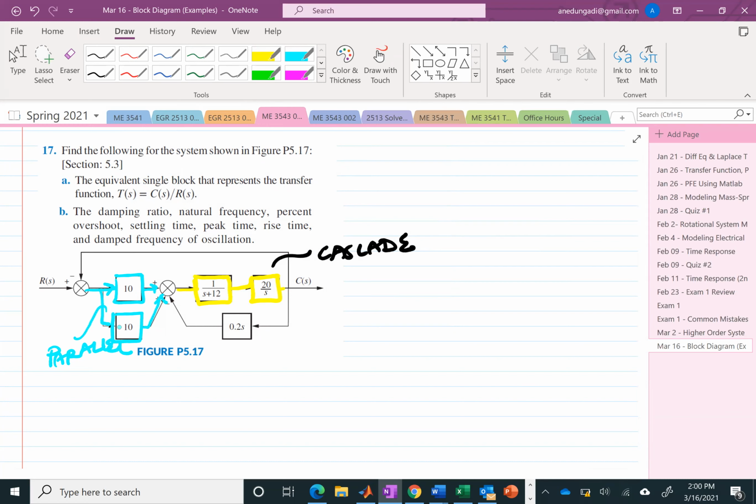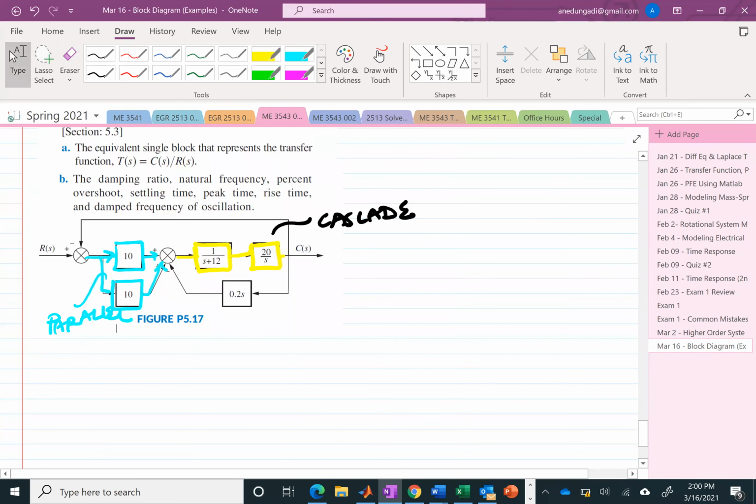There is a feedback form going on here, right? This is a feedback form, but we're going to stop with this. So let's see what we can do.